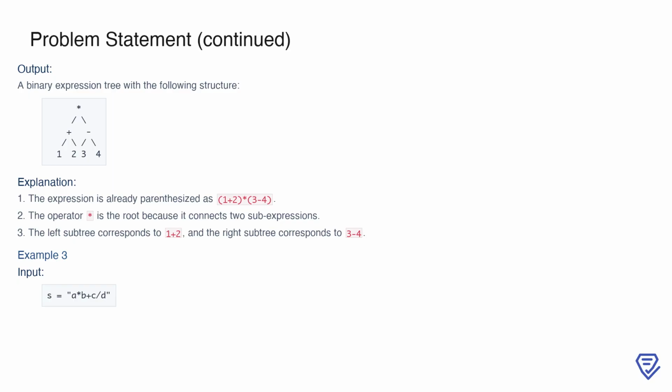Similarly, the right subtree represents the sub-expression 3 minus 4, where dash is the operator, and 3 and 4 are the operands. Since the expression is already fully parenthesized, the tree structure directly reflects this grouping. The root node asterisk ensures that the multiplication operation is performed after the addition and subtraction operations in its subtrees.